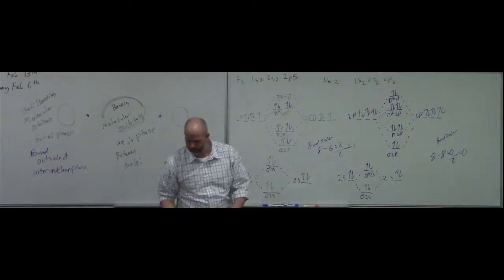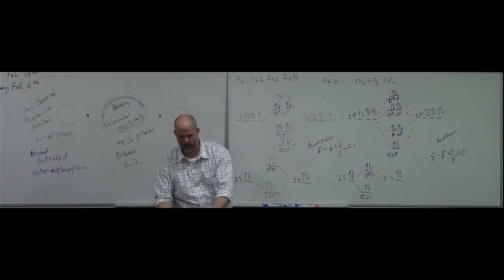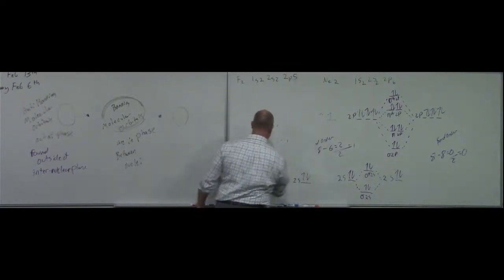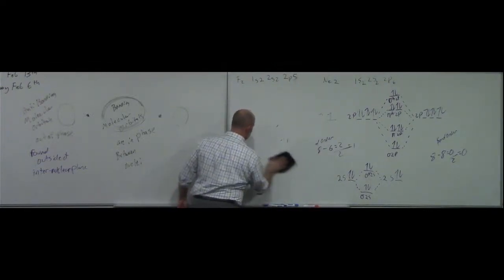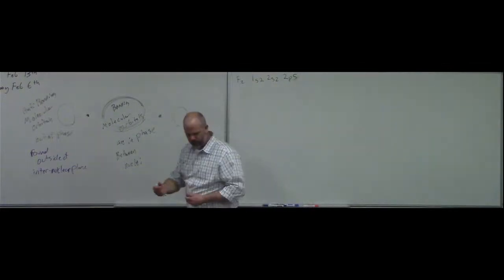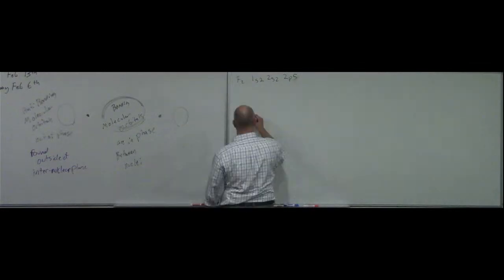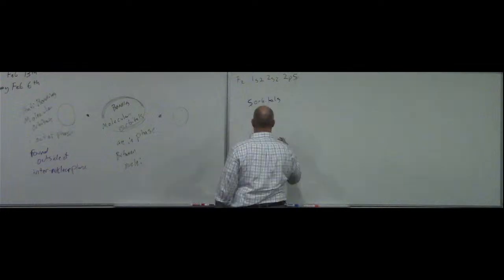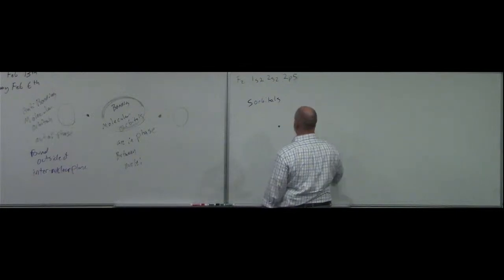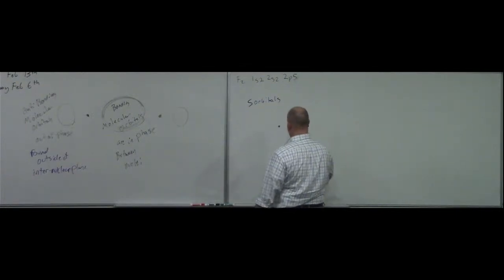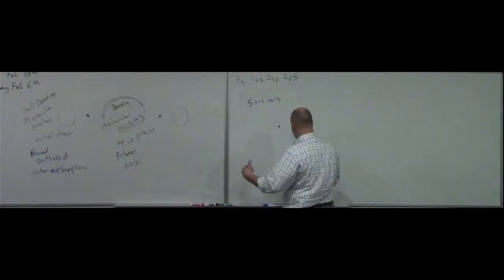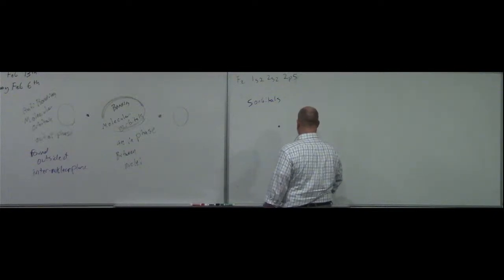Erase a little bit. Wow, that's a lot going on here, isn't there? We do s orbitals. So I've got a nucleus here, and I've got a nucleus here. I'm going to have two, right? I'm going to have a bonding, and I'm going to have an anti-bonding, right? So I'm going to have my, let's call this 1s, sigma 1s.